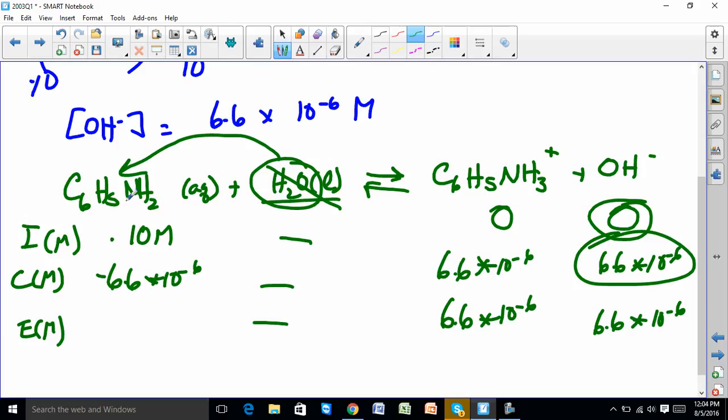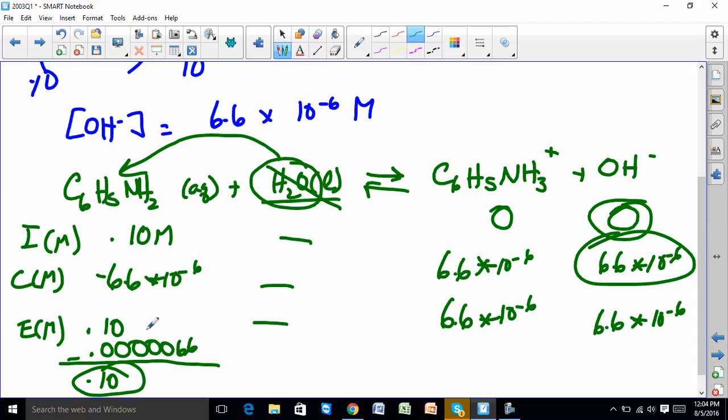Now that you've had kinetics, as this reaction proceeds, this concentration is going down and these are going up. Now, if you do on your calculator 0.1 minus 0.0000066, you'll see that for all intents and purposes, this is 0.1.